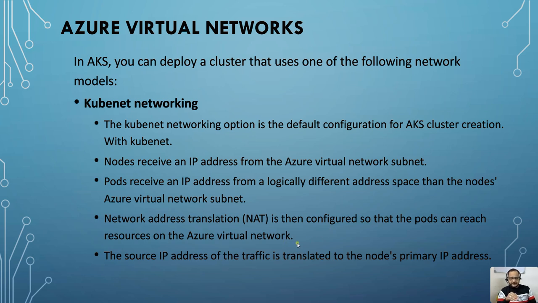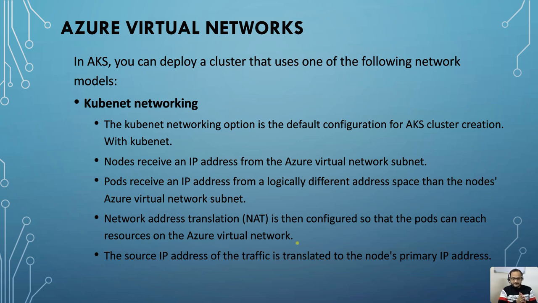So some kind of user defined routing and NAT you have to enable so your pods can communicate with each other. The source IP address of the traffic is translated to the node primary address. So whatever traffic is coming to your pod is basically translated to your node primary IP address.